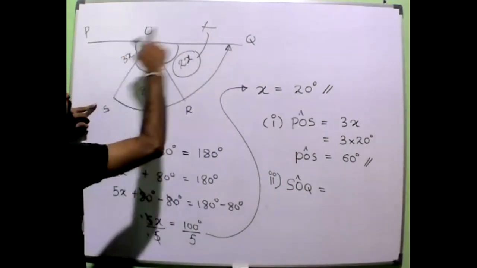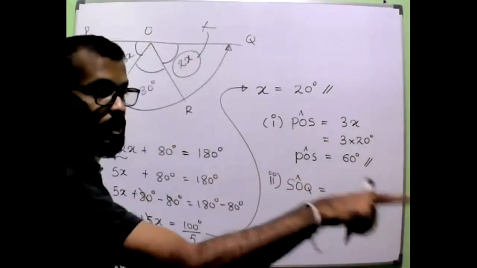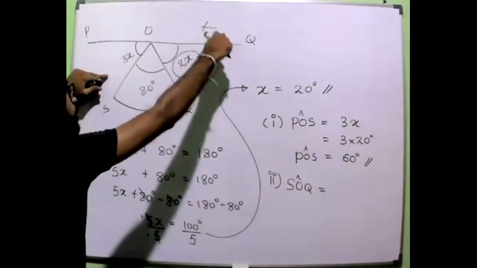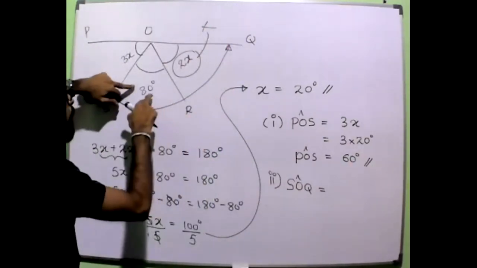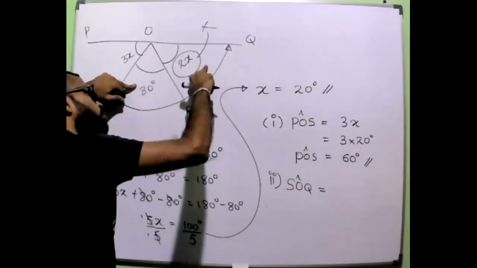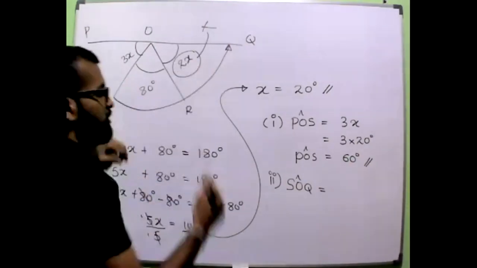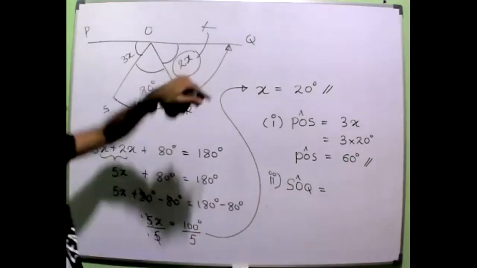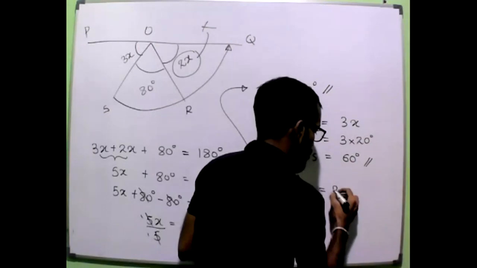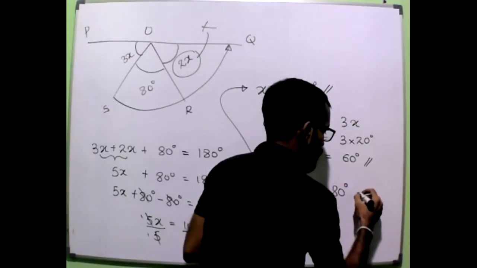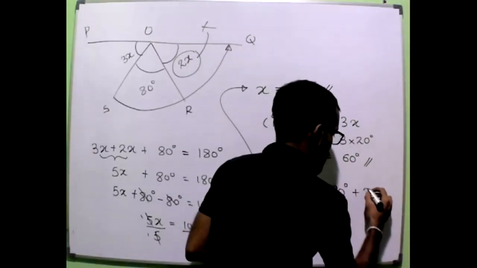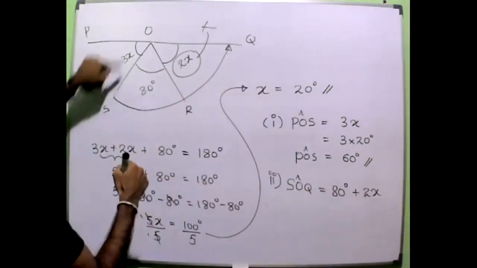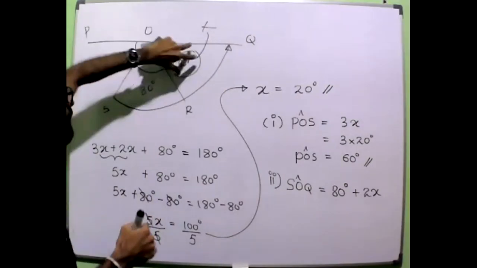It is not SOQ. In the second question, they are asking SOQ. This whole one. Here you have 80 plus 2x, the addition of both of these angles.